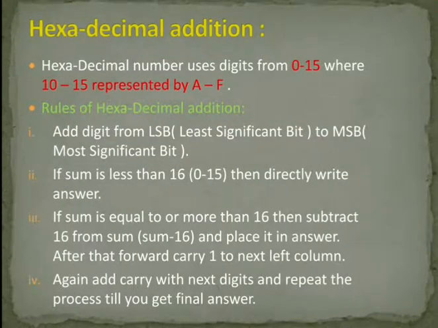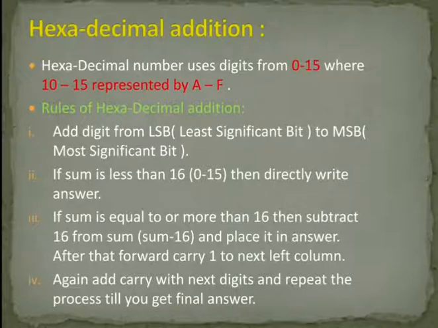Then we are having hexadecimal addition. The same way, we have the same process, but what you have to remember, hexadecimal numbers vary from 0 to 15 and 10 to 15 contains A to F. In the same way, what we are using in octal, we have to follow in hexa also, but in octal we are subtracting 8 or adding 8.